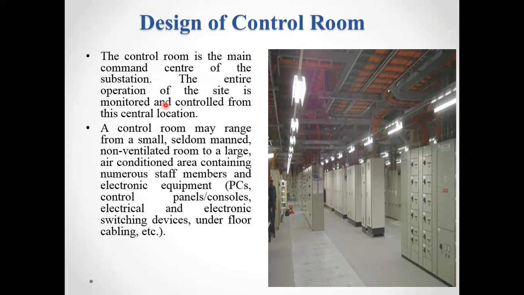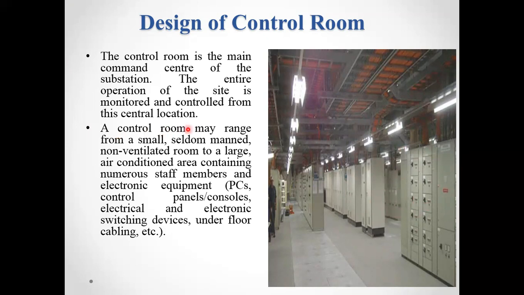The entire operation of the site is monitored and controlled from this central location. From here only we will control all the things, like electricity supply. If there is any maintenance, all that can be controlled from the control room.